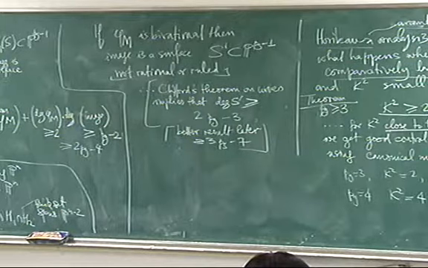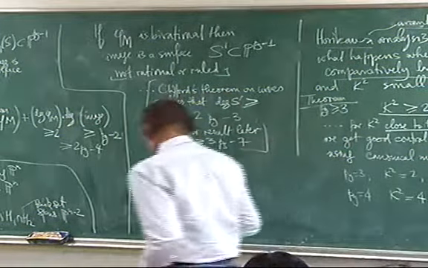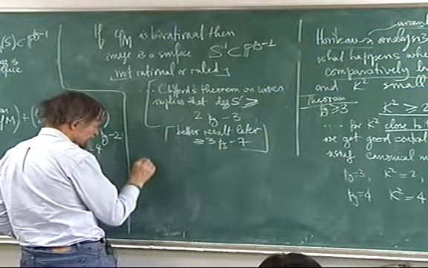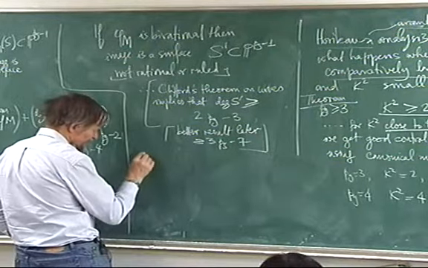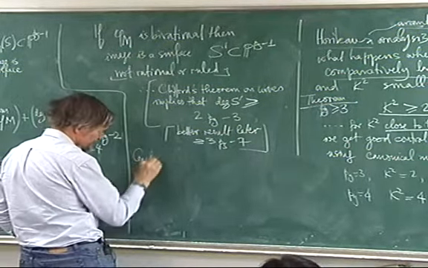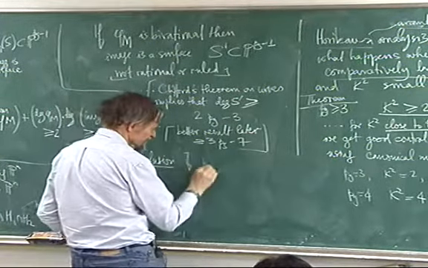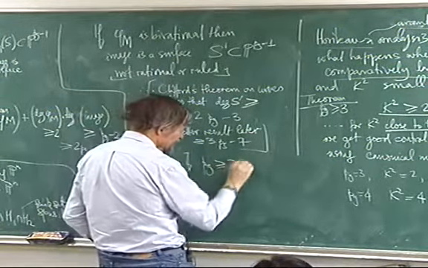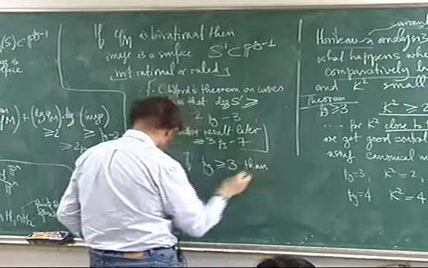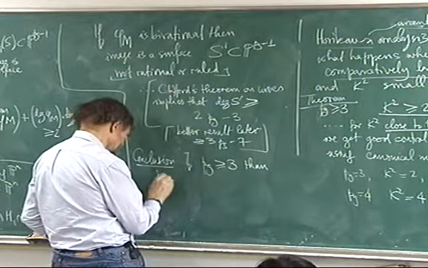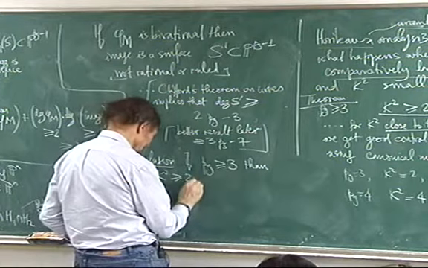So the conclusion of this argument, which I stated earlier, is that if PG is greater than or equal to 3, then K squared is greater than or equal to 2PG minus 4.